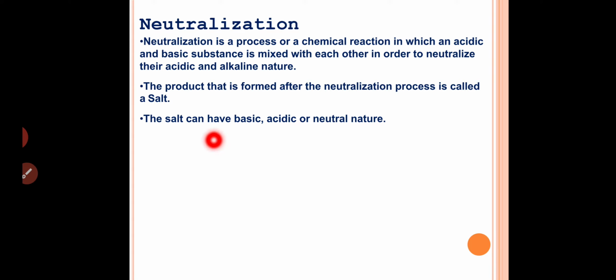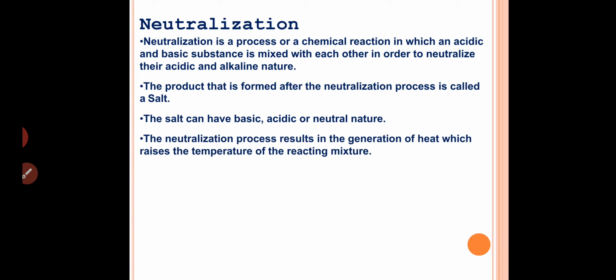Here we can't say the salt is always one of them. It may be acidic, it may be basic, or it may be neutral. The neutralization process also generates heat, which raises the temperature of the reacting mixture. So when we mix an acid with a base, some amount of heat is released.